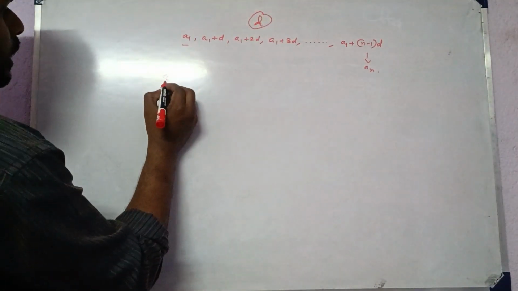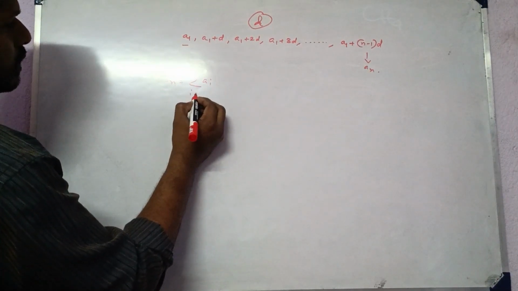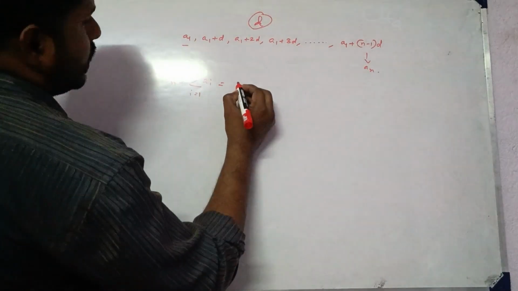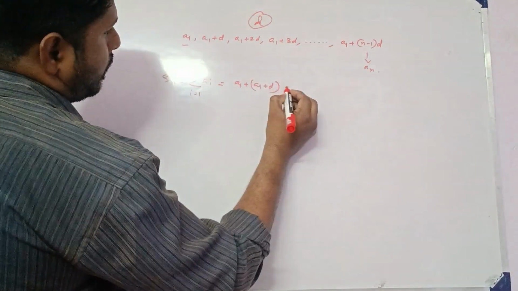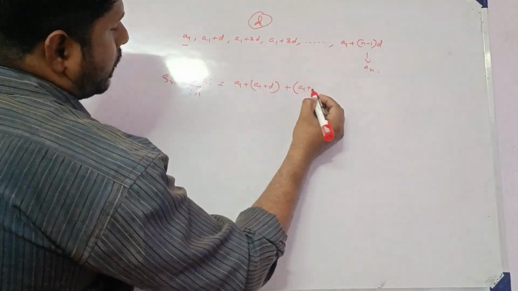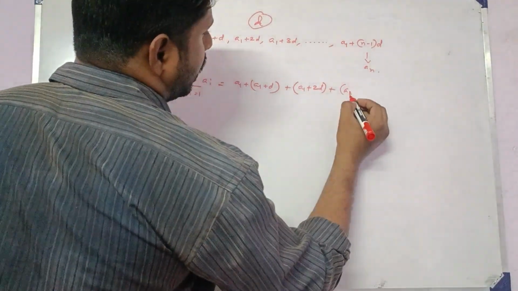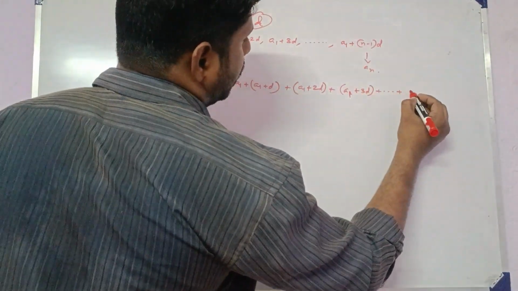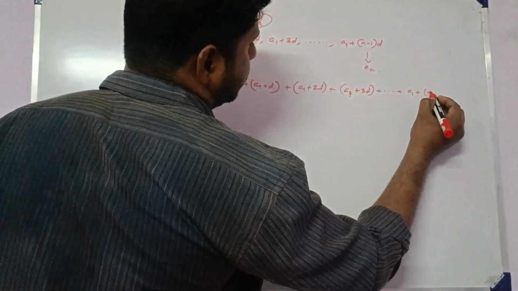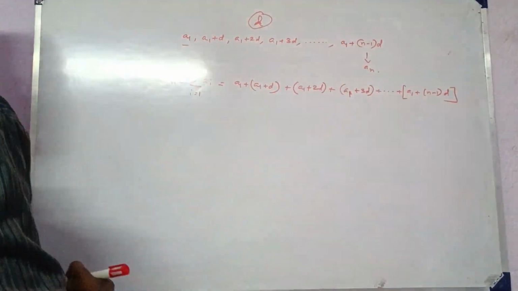So Sn, which will be summation of a_i, i runs from 1 to n, will be a1, plus a1 plus d, a1 plus 2d, a1 plus 3d, up to a1 plus (n minus 1)d.